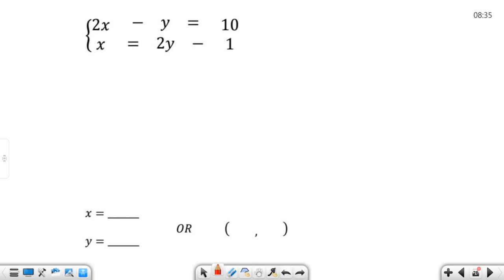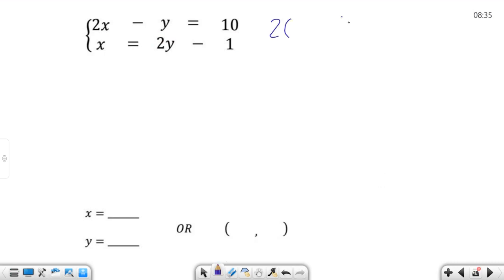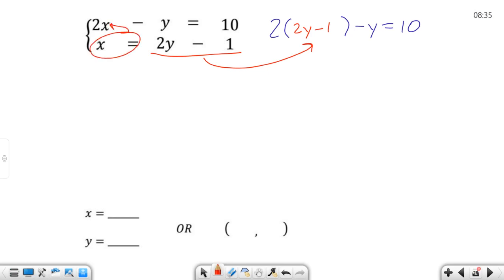All right, so we're going to come over here and say 2 times x minus y equals 10. And we're going to take this and plug it in here. 2y minus 1, right? Because it says x equals. Plug it in.